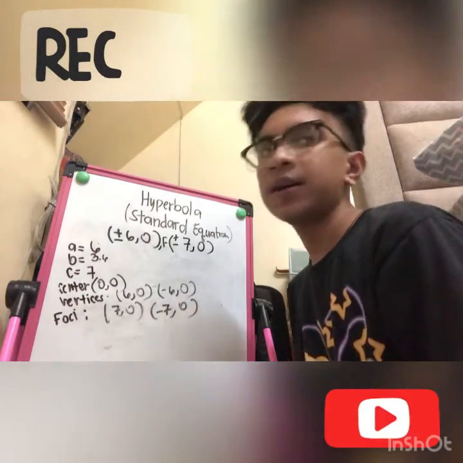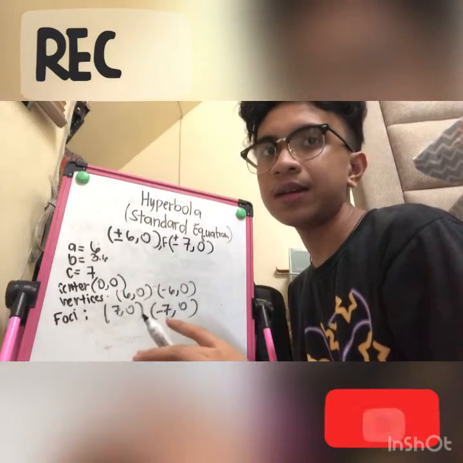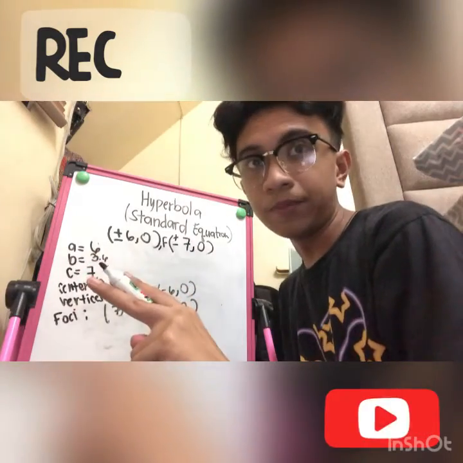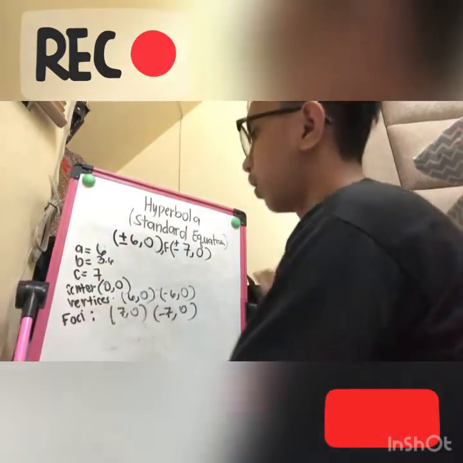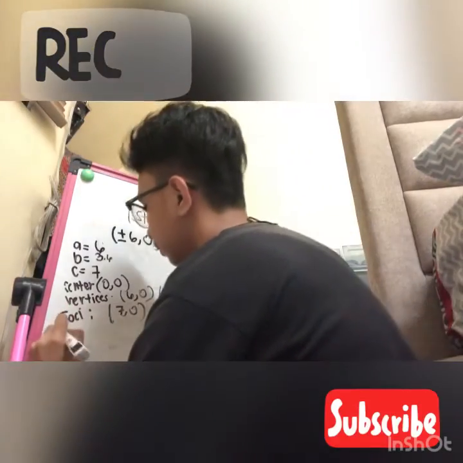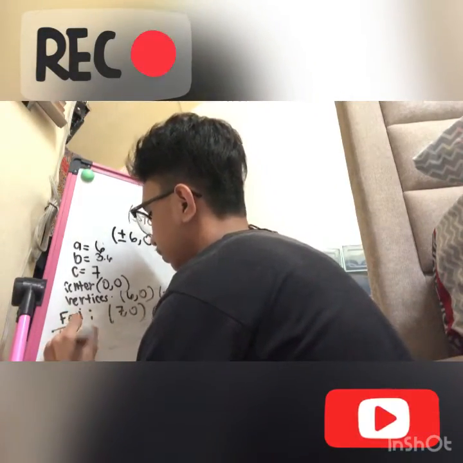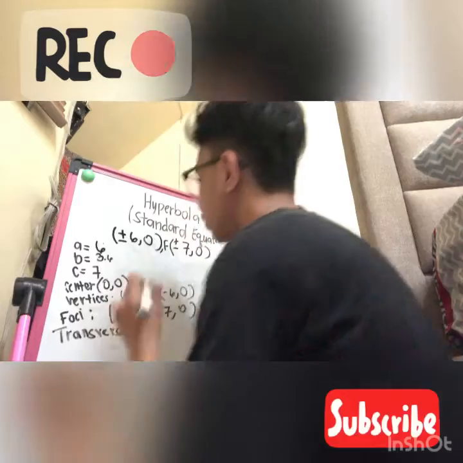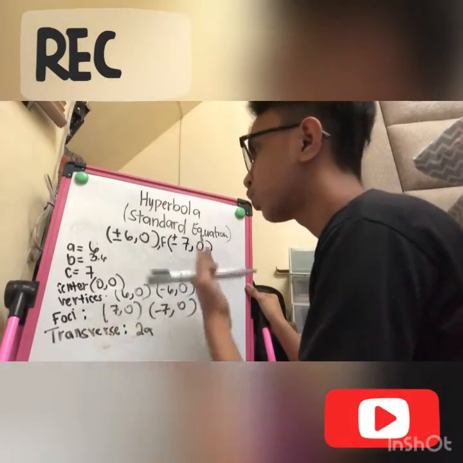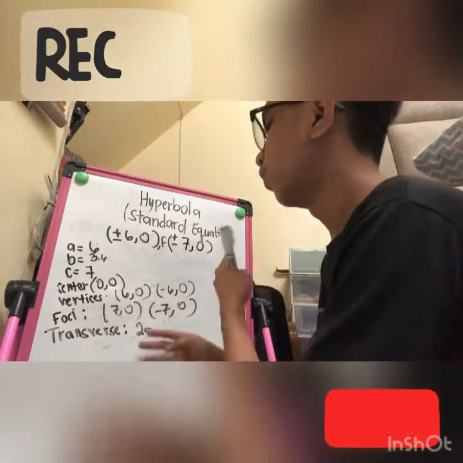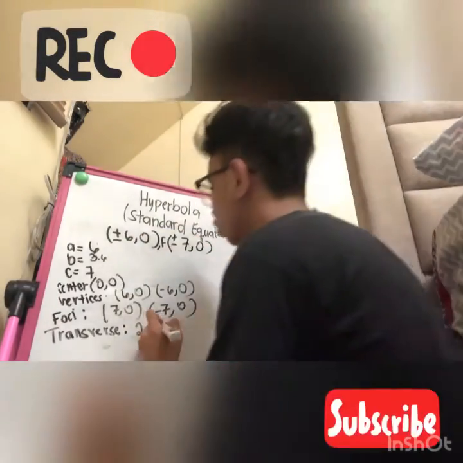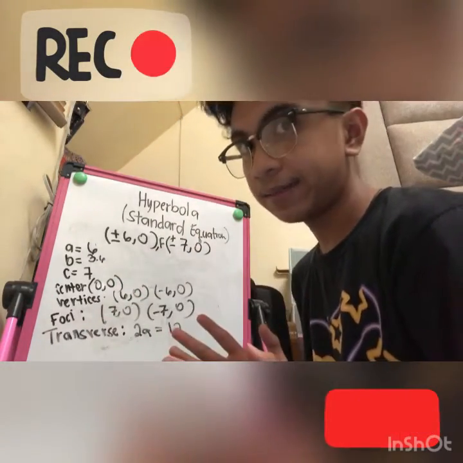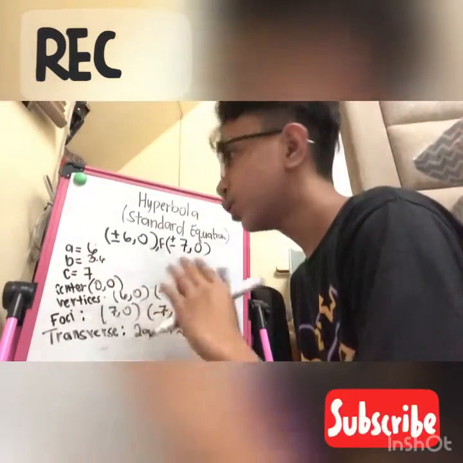First, the transverse axis. What is the transverse axis? The transverse axis, remember, is 2a, which means any value of a times 2 is the transverse axis. So 2 times 6 is 12. That's the transverse axis. Now the conjugate axis, 2b.